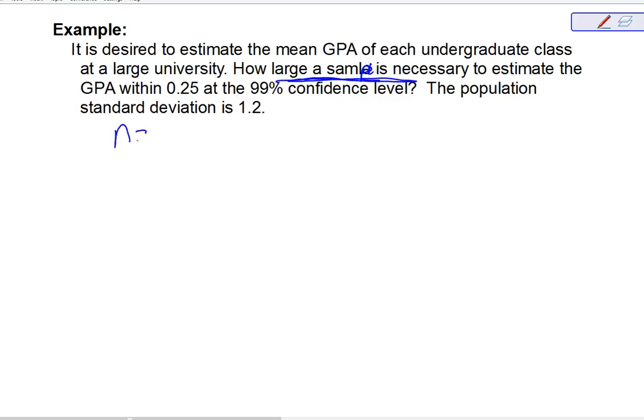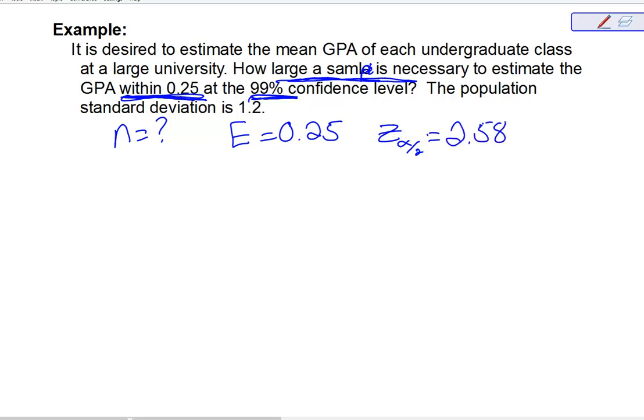That means we want to know n. To estimate the GPA within, that is our E, 0.25. A 99% confidence level, and I gave you this value previously, so that is 2.58. And the population standard deviation is 1.2.